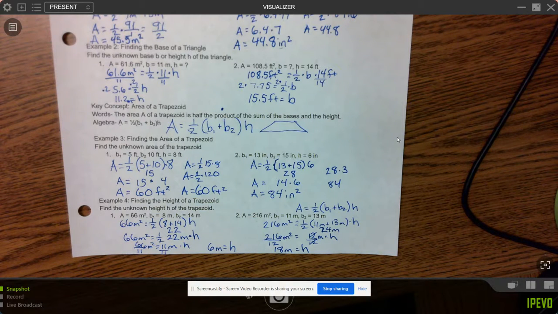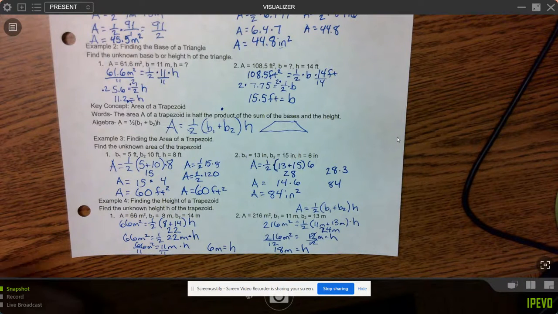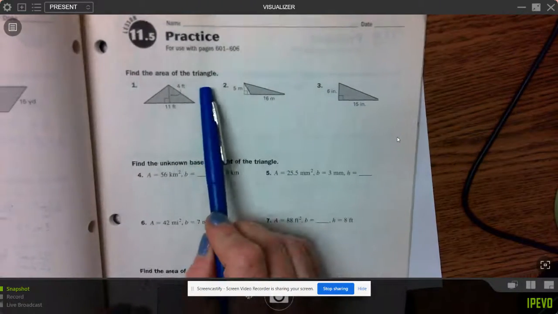Will. Are we doing what homework pages? So our homework for today, I have 151. We are definitely doing that. That's finding the area of the triangle. So we can see we've got the area of the triangle. We talked about that.